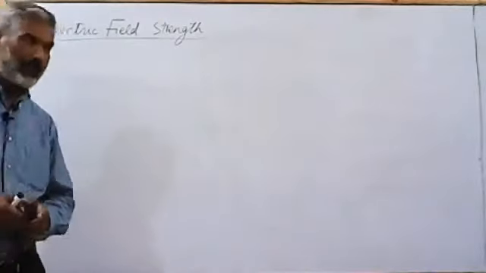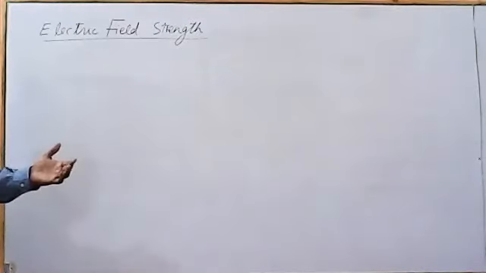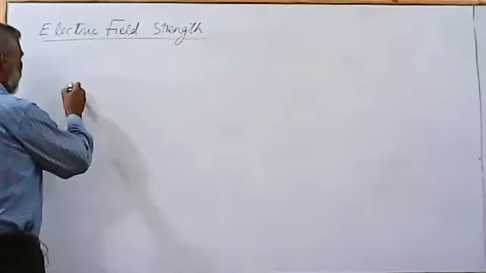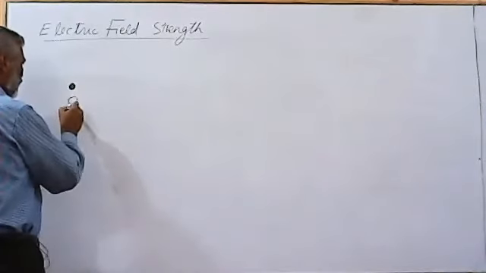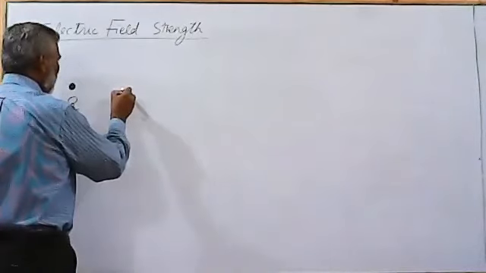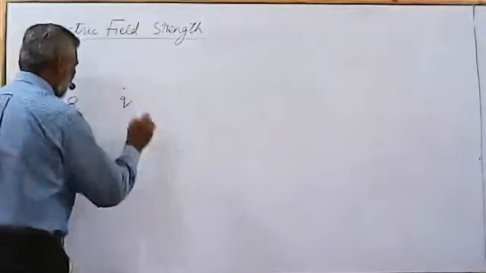We have already started this topic, electric fields, and the topics that we have discussed so far deal with the force that one charge exerts on the other. We have learned the expression for any two charges. Let's say this is a charge that we can denote by capital Q, and there is a relatively small charge nearby, let's denote it by small q.